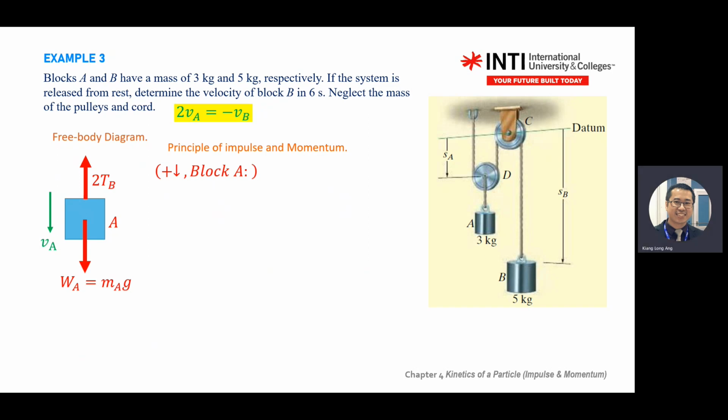Here, what parameters can you find? Mass you normally are given, velocity normally given, force you need to find. Time normally, if the question asks you for time, then you use time. If the time is given, then normally you will link to the equation of this principle of impulse and momentum.